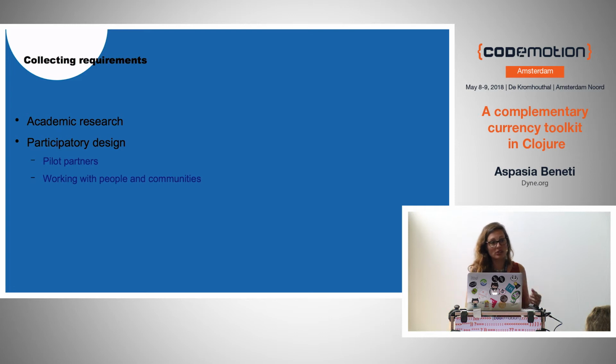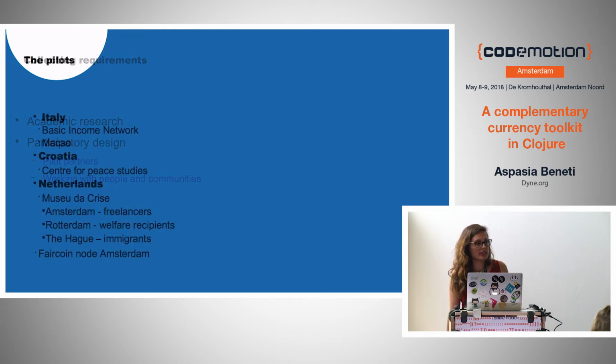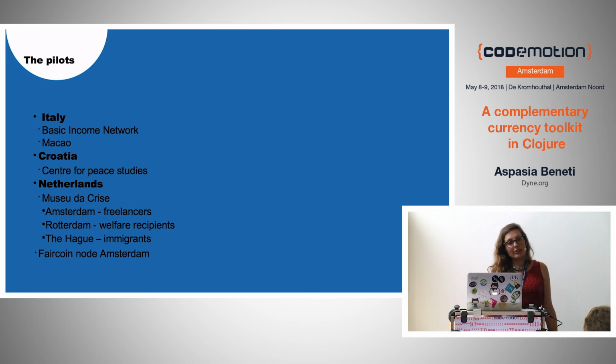Then we go hands-on to the people. We reach communities, we create software, we go through feedback loops: they try the software, we get feedback, we create more. To do this, we also have pilot partners in different countries. We work on this project with three countries: Italy, the Netherlands, and Croatia.